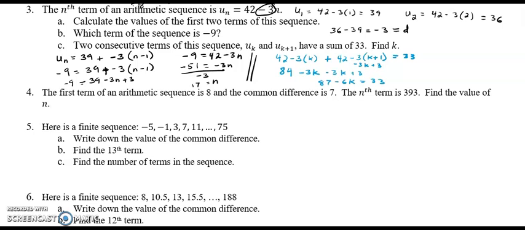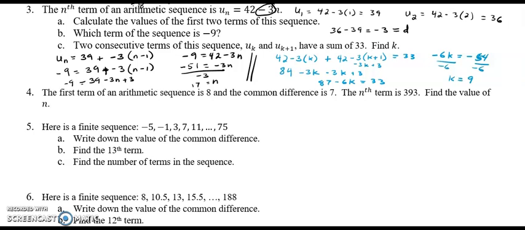So we're going to subtract this from the other side, and we're going to get negative 6k equals 33 minus 87, that's 54, so negative 54. So I'm going to divide and divide to be 54. So k would equal 9. So there's our answer.